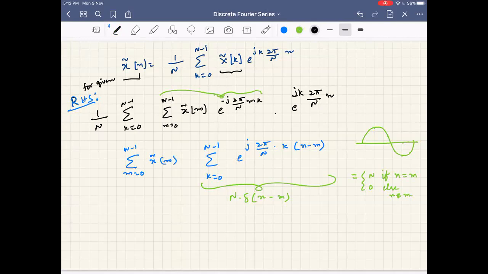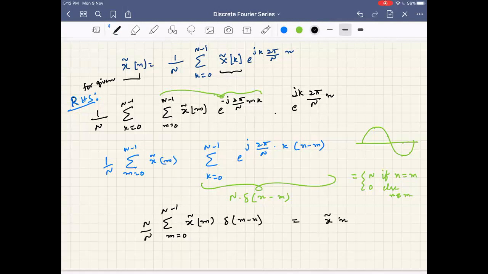So let us write this now. Summation of x tilde of m, m equal to 0 to n minus 1, and n, and there is 1 by n also here, so 1 by n is here, and into delta of n minus m. What is the delta of n minus m, summation over m equal to 0 to n minus 1? It is simply, n equal to m, it is 1, otherwise 0.